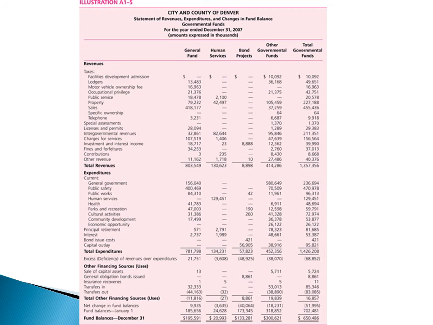All these other ones would be blank, whereas the general fund has a number on almost every single line. Just like revenues and expenses affect the retained earnings of a for-profit entity, these revenues and expenditures affect the fund balances of a governmental entity.